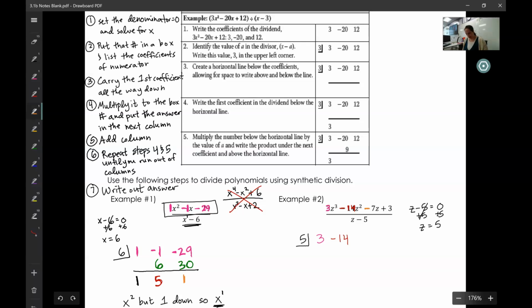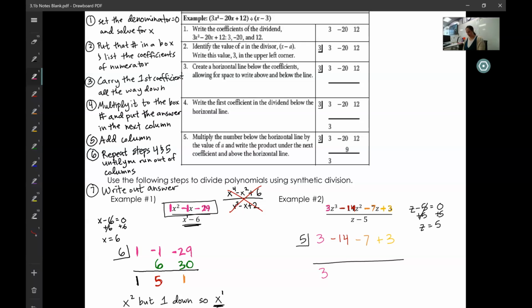Then I have a negative 7. Then I have a positive 3. That's step 2.